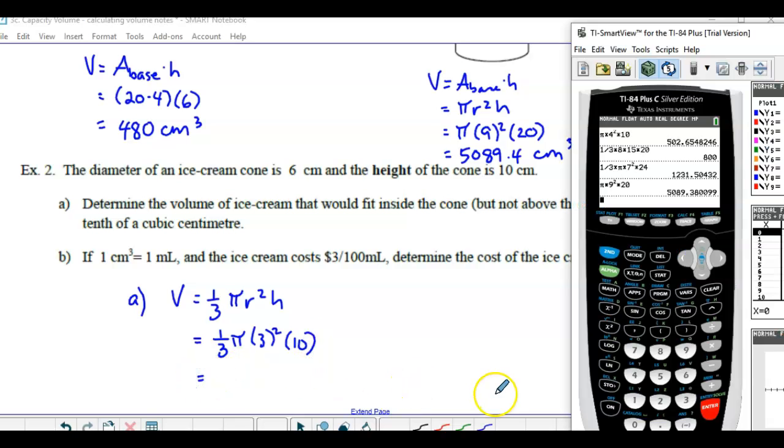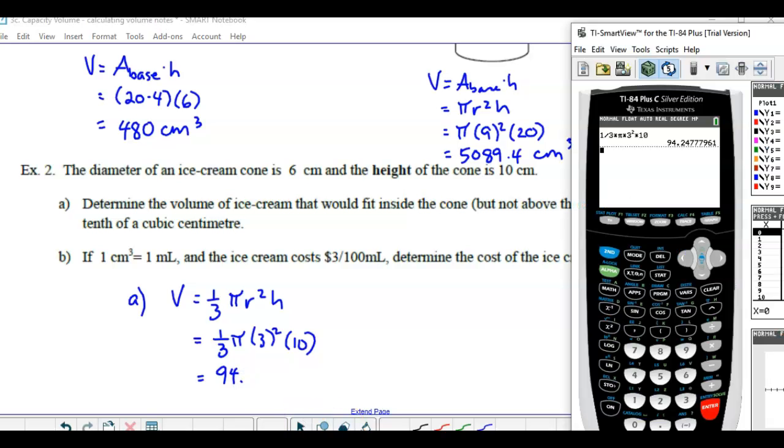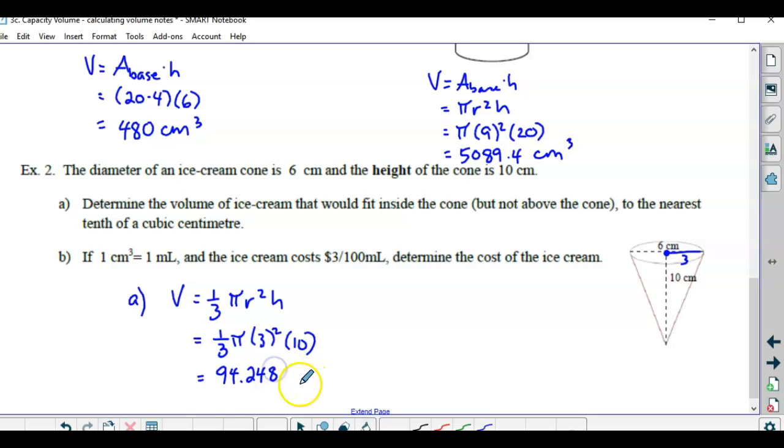Okay, so now I'm going to clear this off and go 1 divided by 3 times pi times 3 squared times 10. And so that's 94.248. I'm going to keep a few decimal places because I'm not done. Then I'm going to round it to the nearest tenth, and that is cubic centimeters or centimeters cubed.